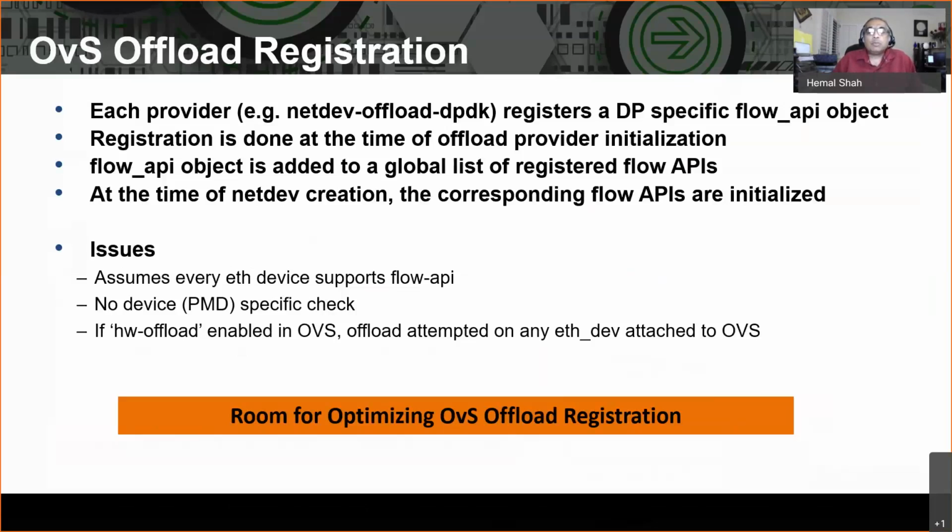One is that it assumes every device supports the flow APIs once the provider has been initialized. It doesn't do any device-specific check. What this results in is that when you enable hardware offload in OVS, offload is attempted on every single ETH device attached to that OVS. So this is not efficient. Definitely there is room for optimizing the whole OvS offload registration process handled by the OvS offload layer.